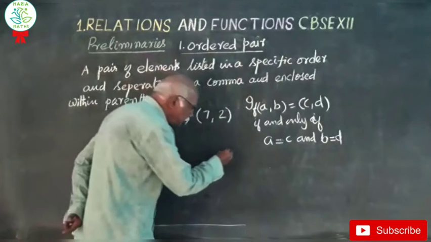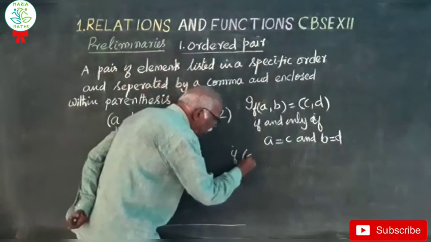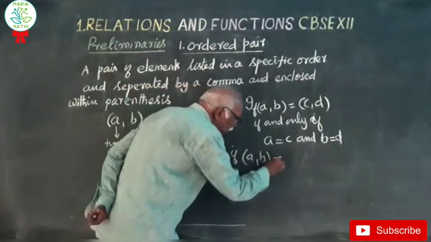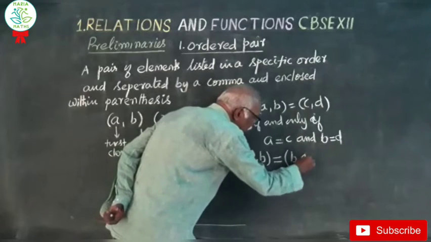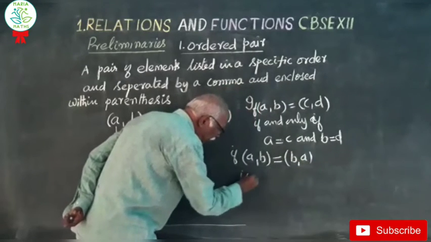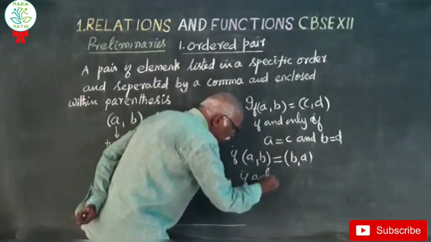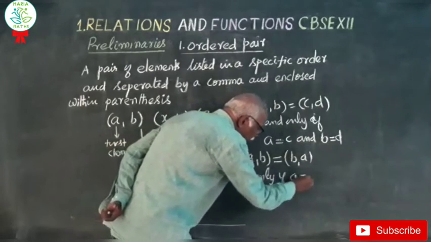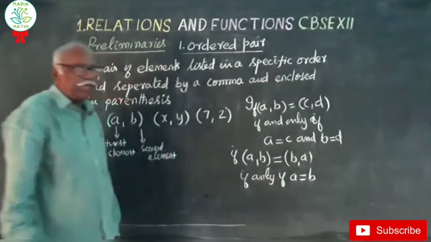But the ordered pair (a, b) equals the ordered pair (b, a) if and only if a equals b.